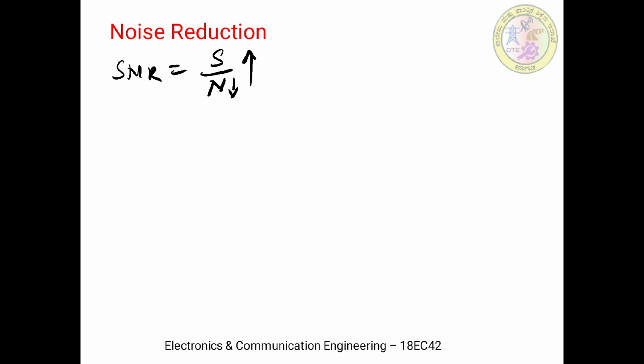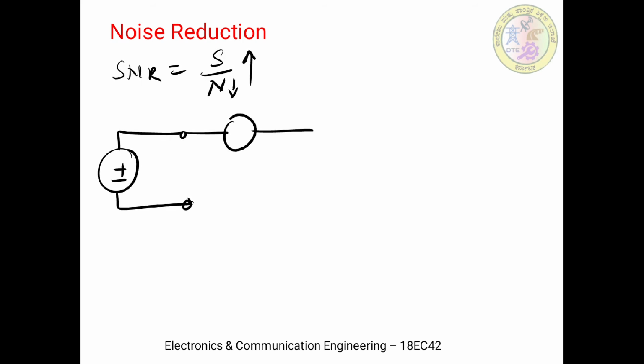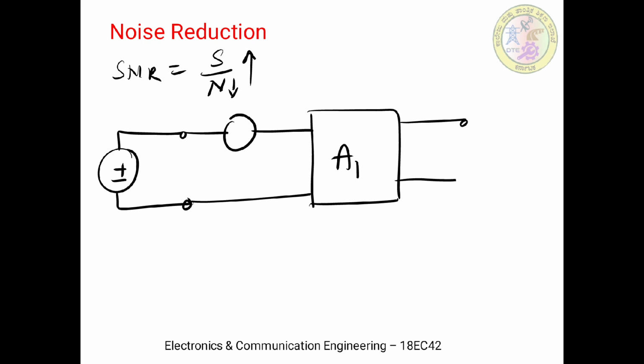To understand this, let us take one simple block diagram representation. Here we have the signal source, and assume that this is connected to the amplifier block with the gain A1, and this is the output V0, and this is the noise Vn.